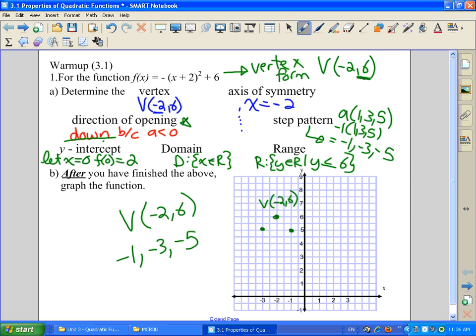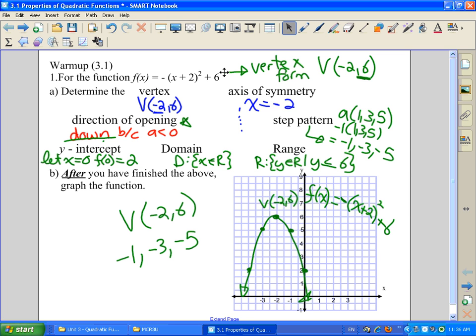In both directions, as I go over 1, I'm going to go down 3. When I go over 1, down 1, 2, 3, I actually get that point I've calculated, which is your y-intercept. Don't forget to write the function down: f(x) = -(x + 2)² + 6.